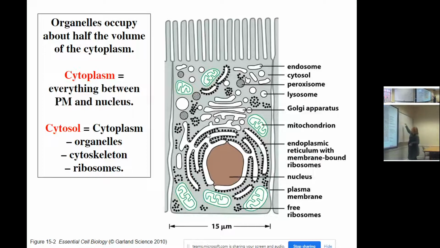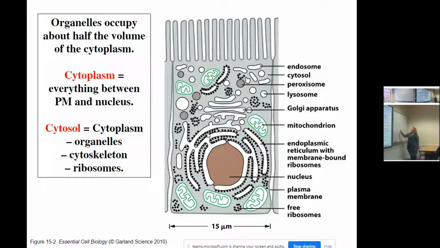The cytosol also contains all of the dissolved small molecules in the cell, or we would say the soluble components.